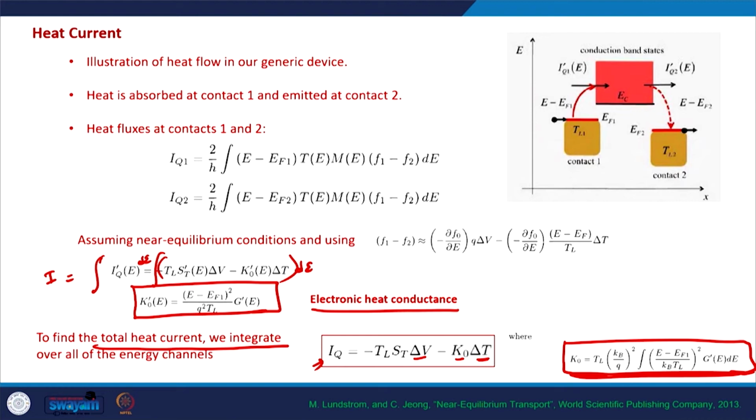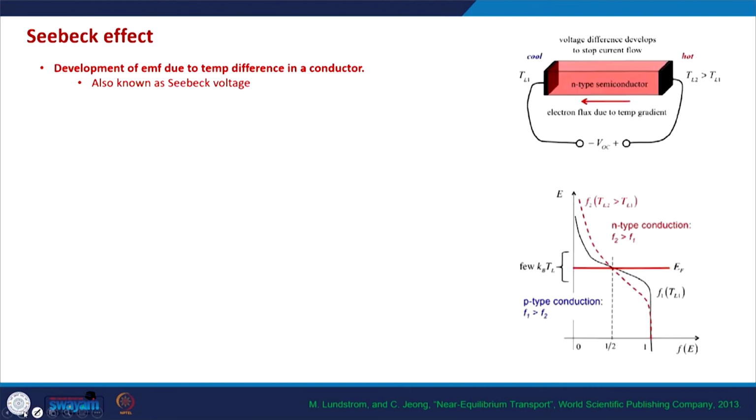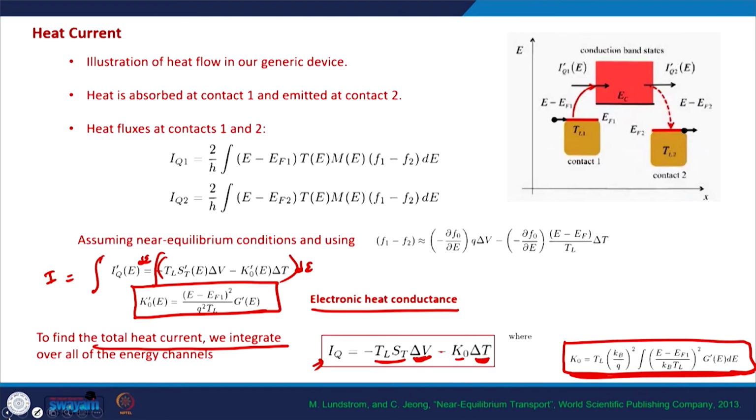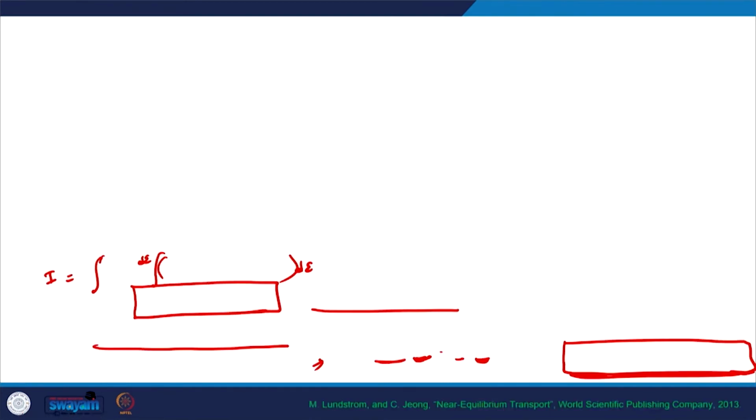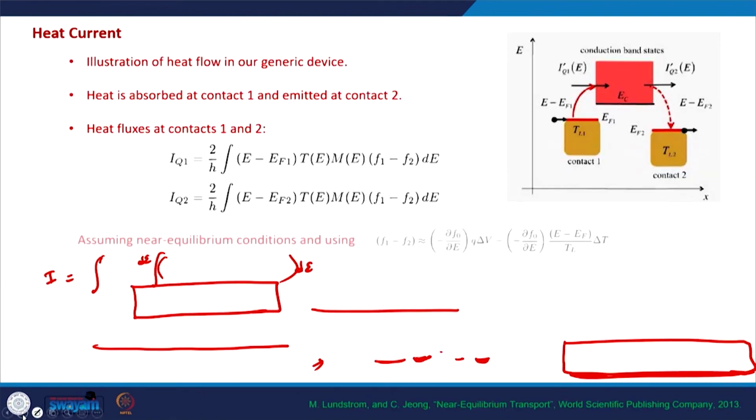As we have already discussed, the heat current is also dependent both on voltage difference and temperature difference, but there is a key distinction here: in heat current, IQ is minus TL times ST times delta V minus K naught times delta T. So this ST appears with delta T in the case of charge current, if you recall, but it appears with delta V in the case of heat current.